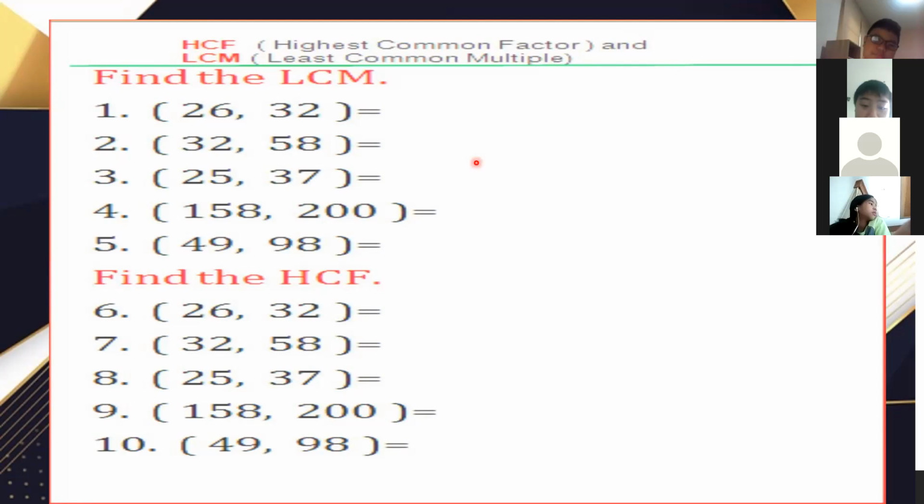Now the LCM. Number 1 is pawn. You write your answer.